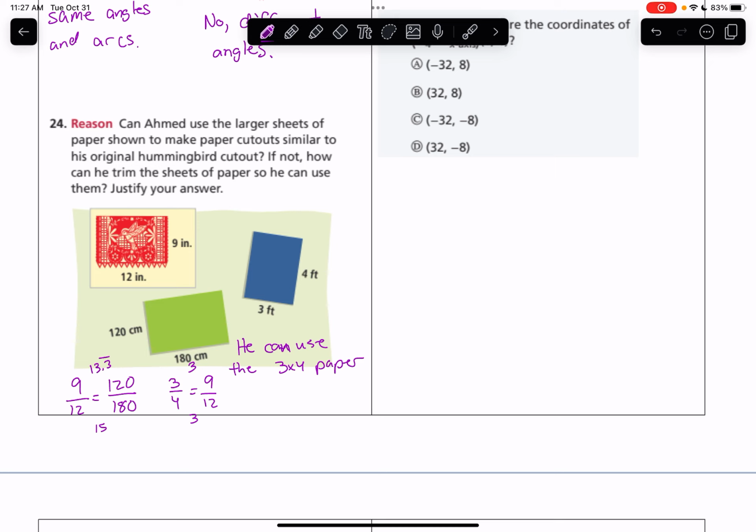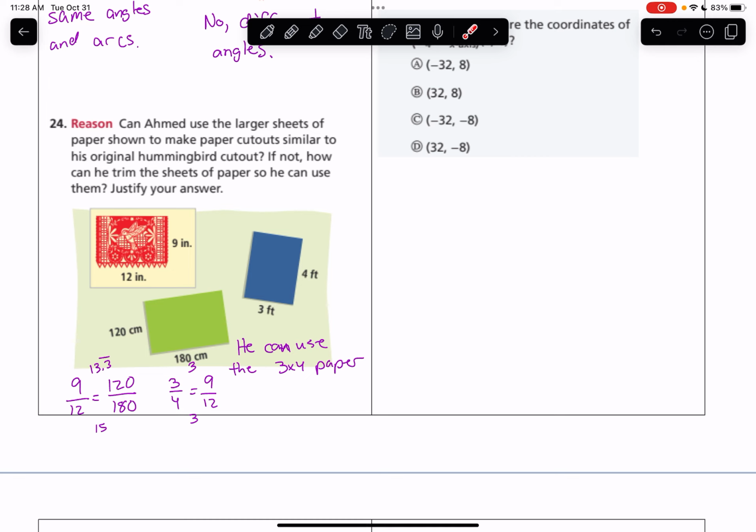But what if he wants to use the other one? If it is going from 9 to 120, we're trimming the sheets of paper. So we're trying to trim the 120 to 180 sheet of paper. 120 divided by 13.3 is 9. I'll have to do the same transformation from 12 to get to my new number here.